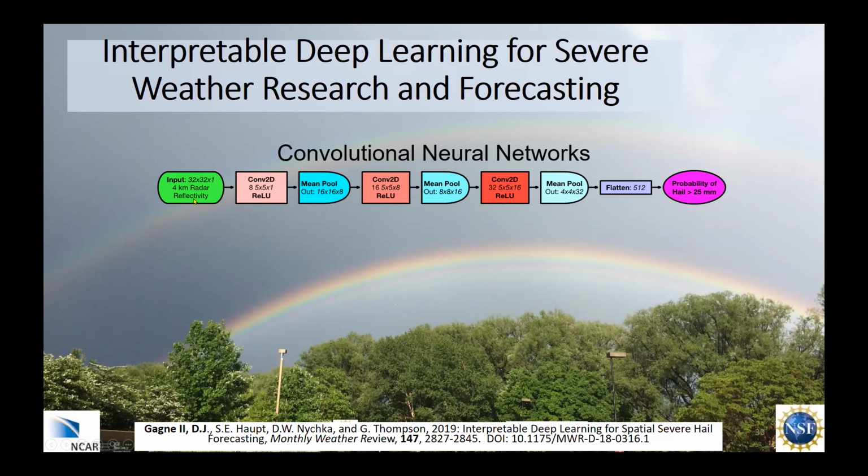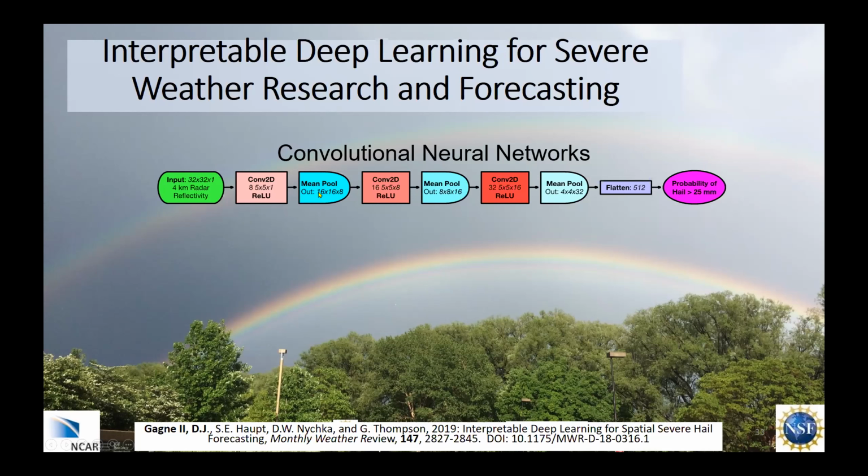And in this case, for training purposes and assessment, he was using radar reflectivity as derived from WRF model runs using the NCAR WRF ensemble on days when there was severe weather. Of course, using a convolutional neural network.